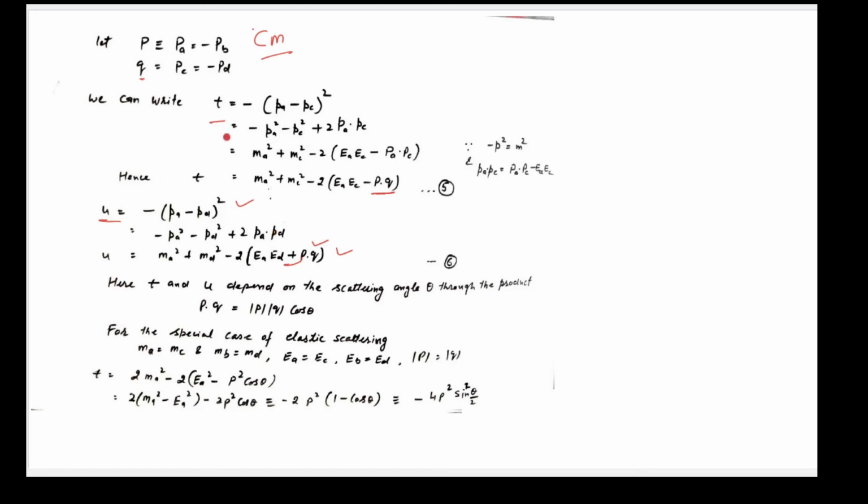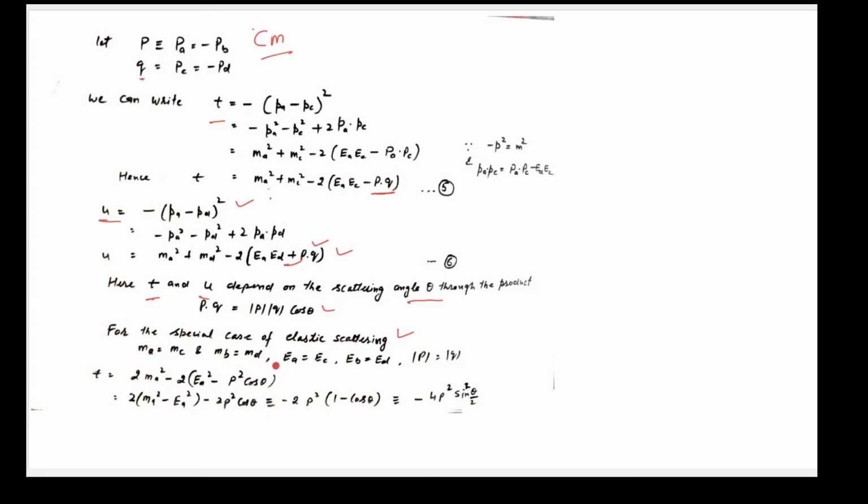From here it is clear that for T and U we have the dot product of p and q. It means T and U depend on the scattering angle, which is theta. So p dot q is equal to |p||q| cos theta. For the special case of elastic scattering, we have these conditions.